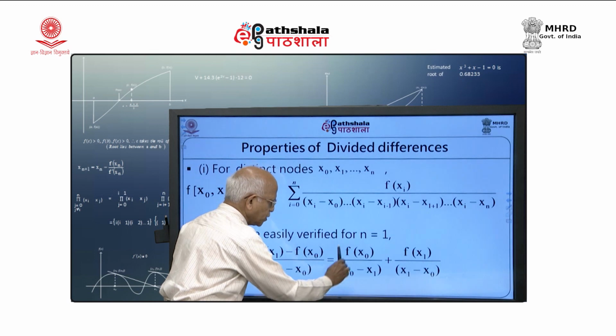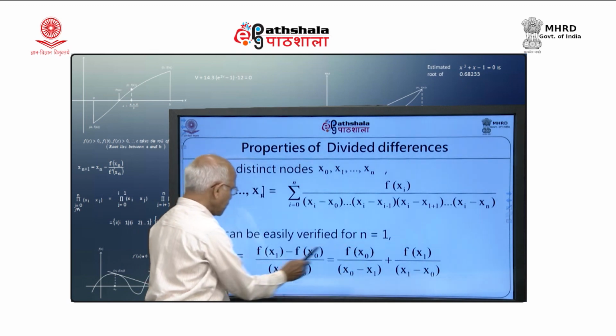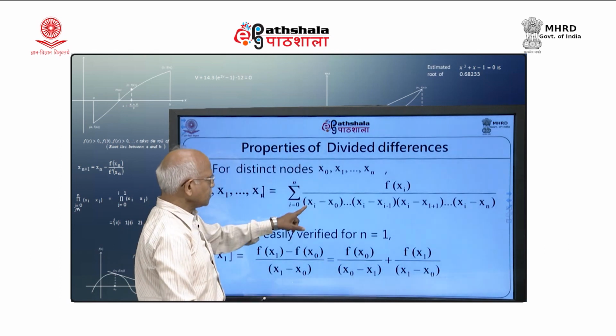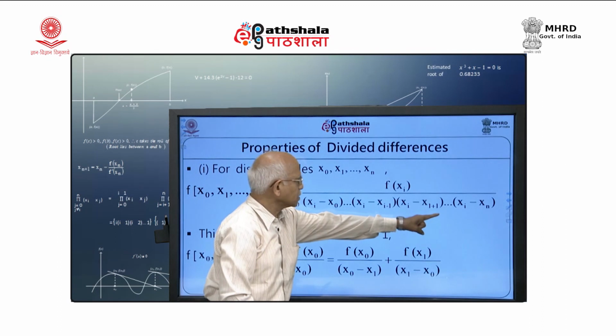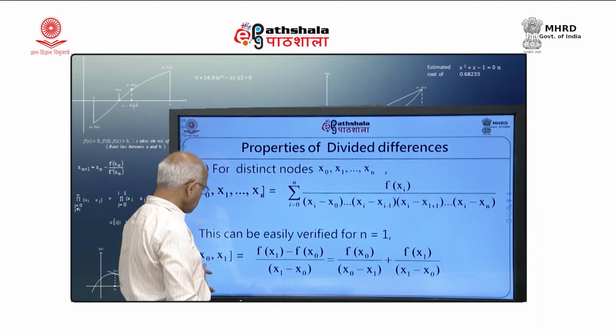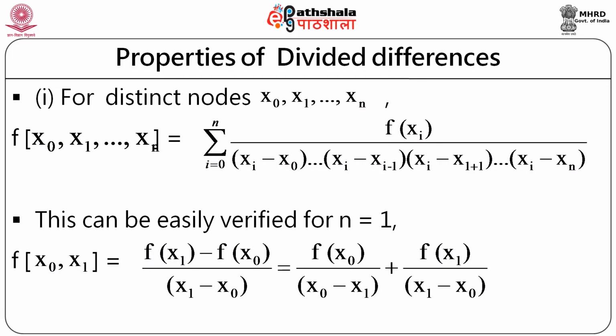So, f x 0 upon x 0 minus x 1, plus f x 1 upon x 1 minus x 0. Because I am talking about the first order difference, there is only one factor in the denominator. So, this result can be proved for n equal to 1.